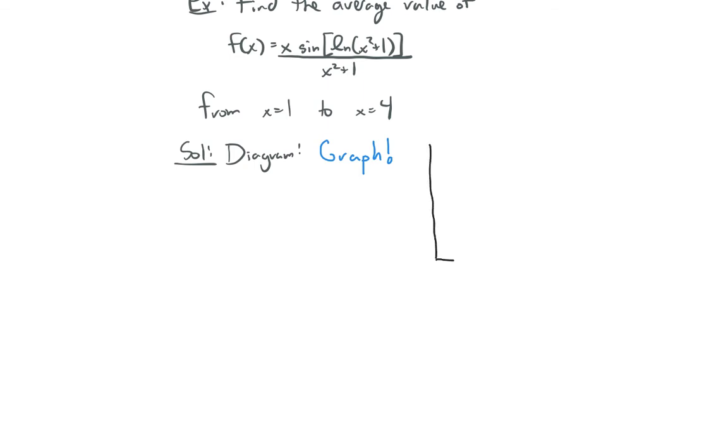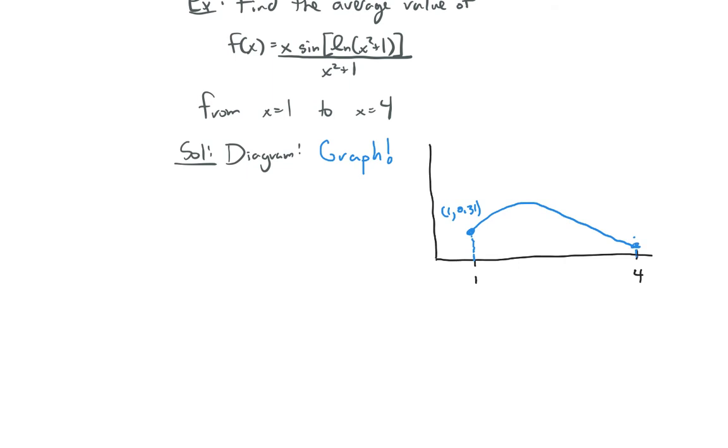So there's our axis, and we want from 1 to 4. And it looks something like this. Just to put in some values, this is about 0.31.